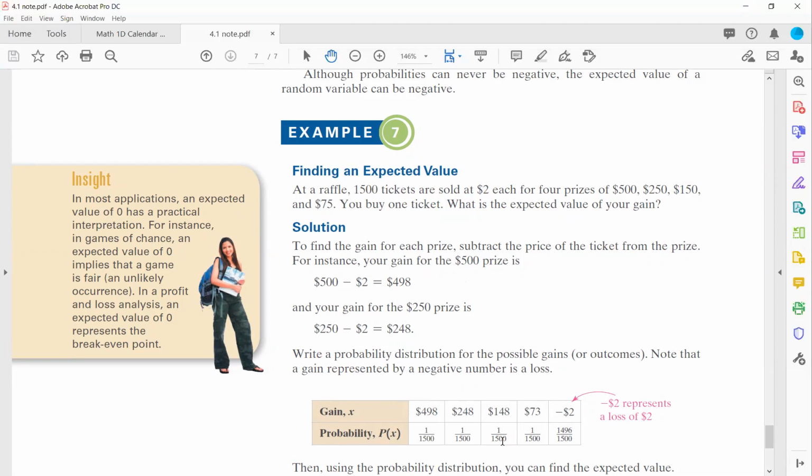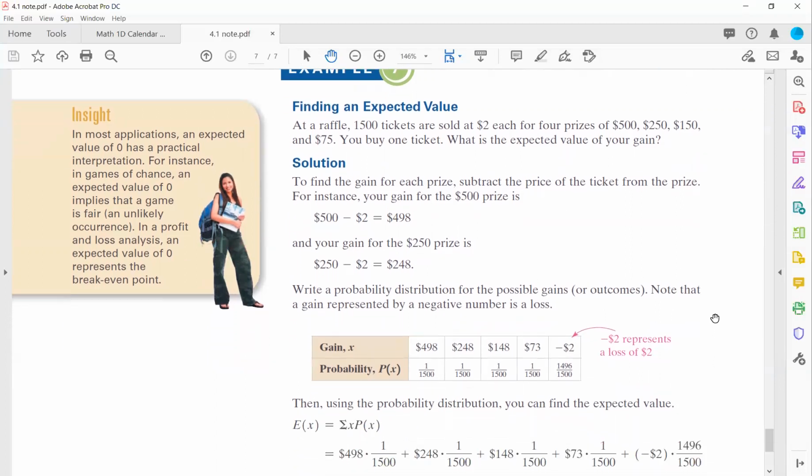Then 1 out of 1,500, 1 out of 1,500. And finally, what are the chances that you lose that $2? 1496 divided by 1,500.